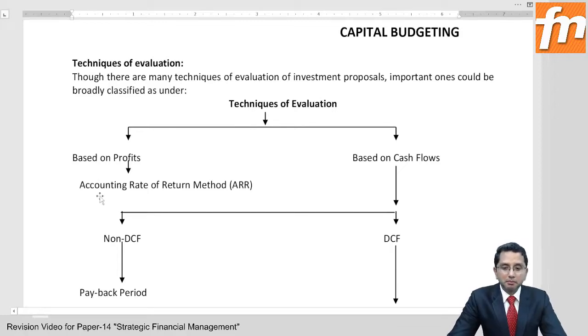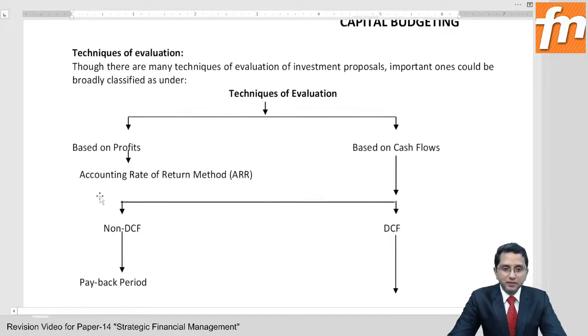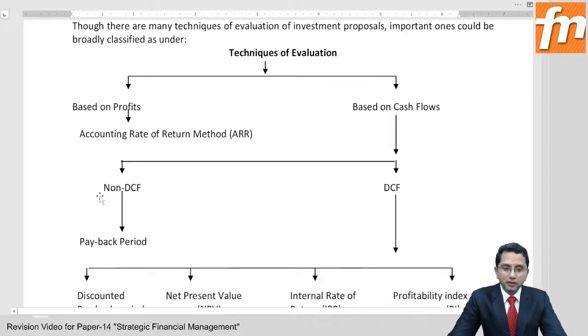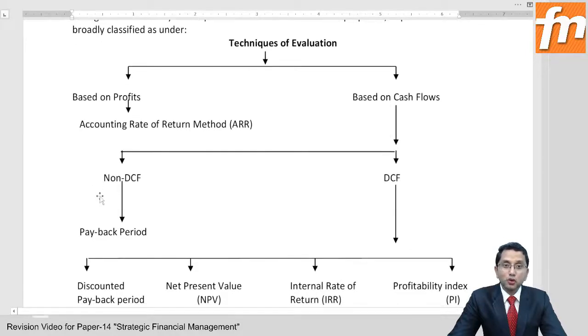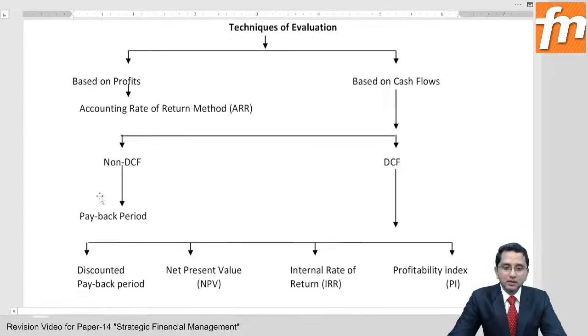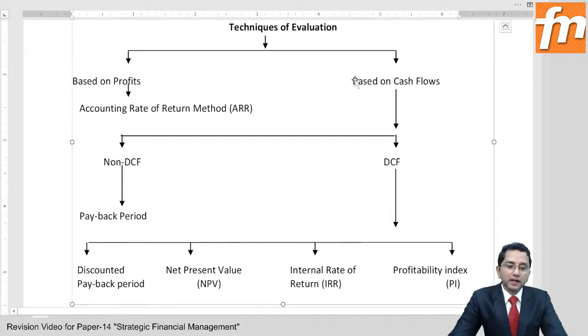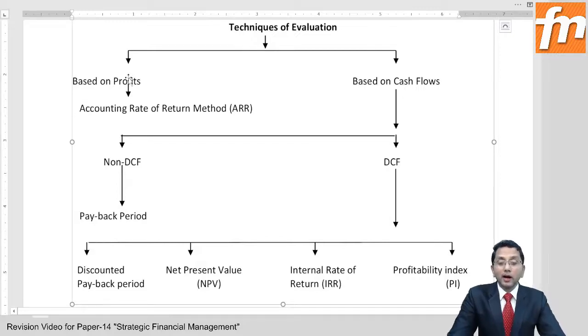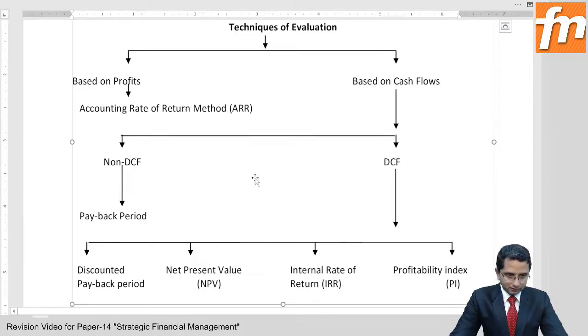Some popular methods or techniques of evaluation are shown in this chart. Look at this. Most of the techniques of evaluation are based on cash flows and not on profits. There is only one method based on profit, and that is the accounting rate of return method.